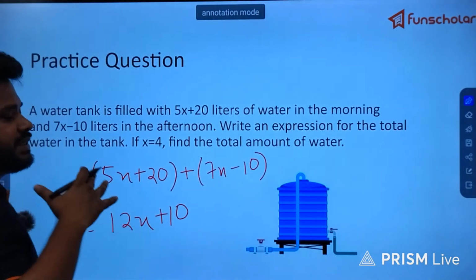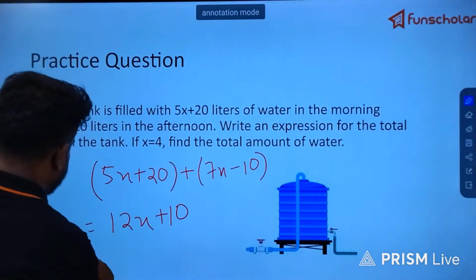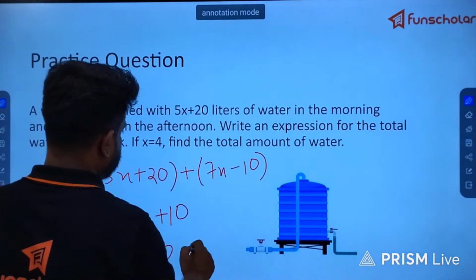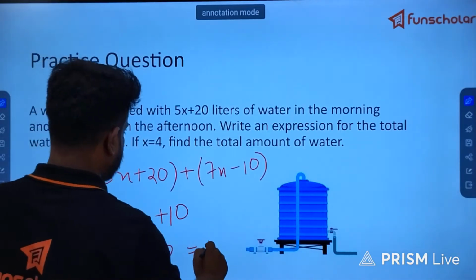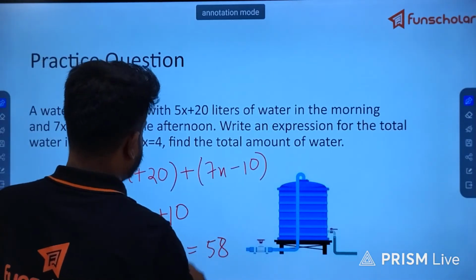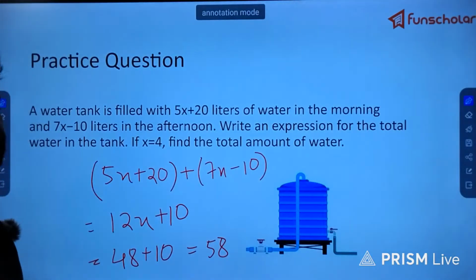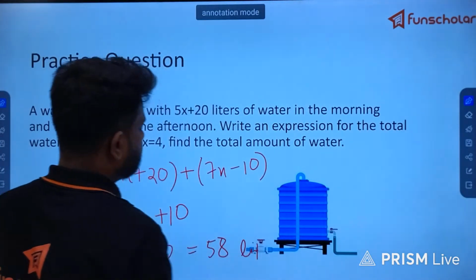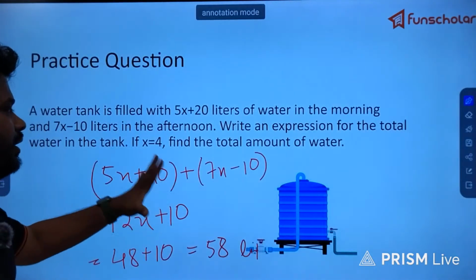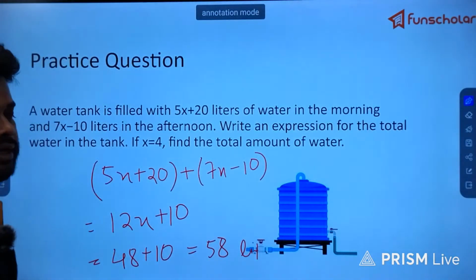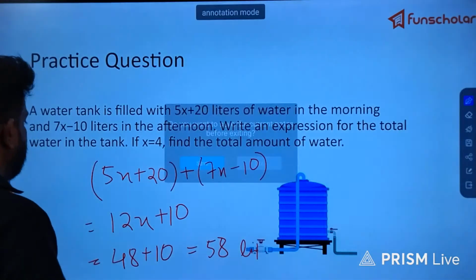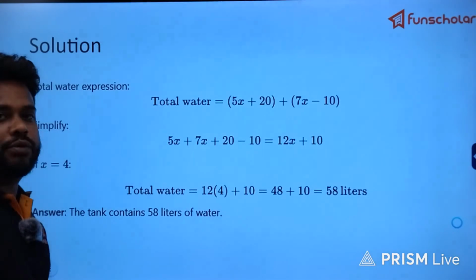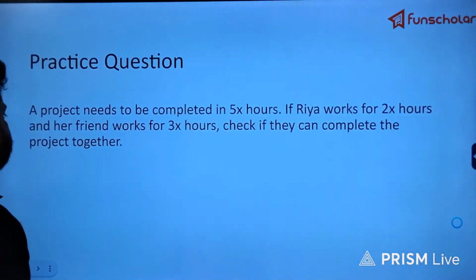Replacing x with 4, it will be 48 plus 10 equals 58. So there are 58 liters of water in total in the tank.